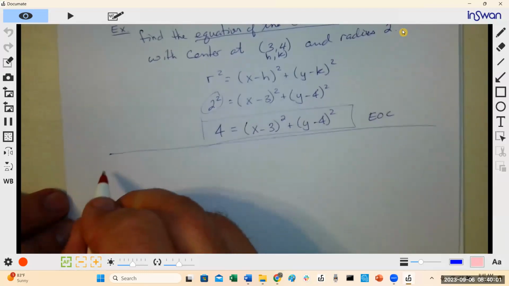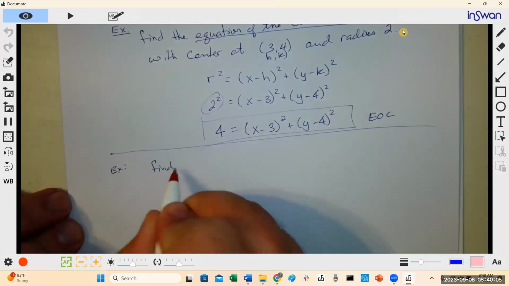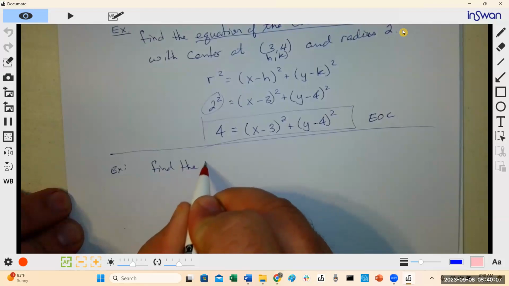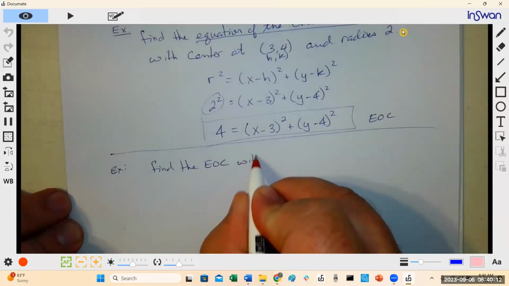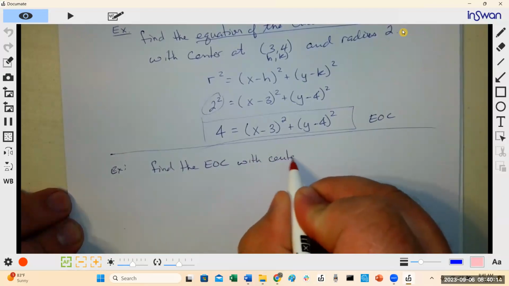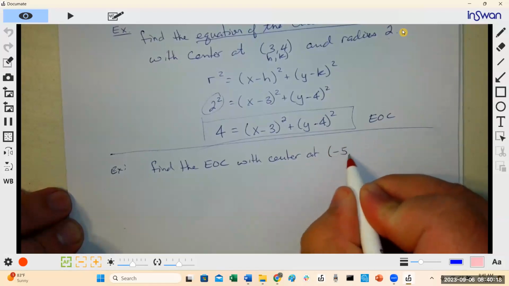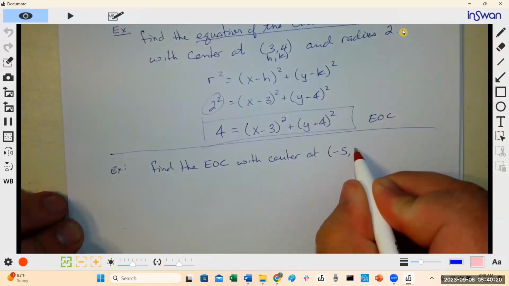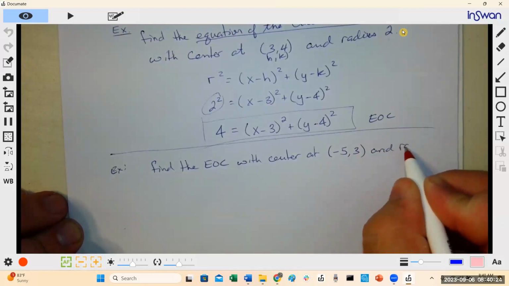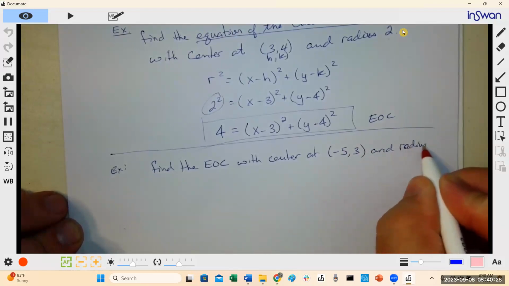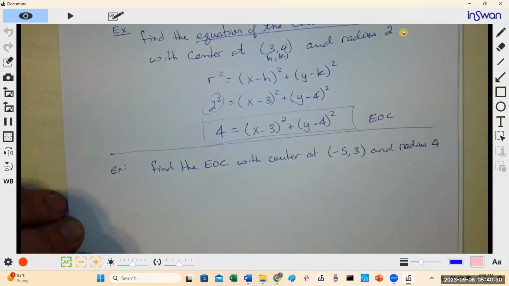Now, let's take another example. Find the EOC with center at (-5, 3) and radius 4.